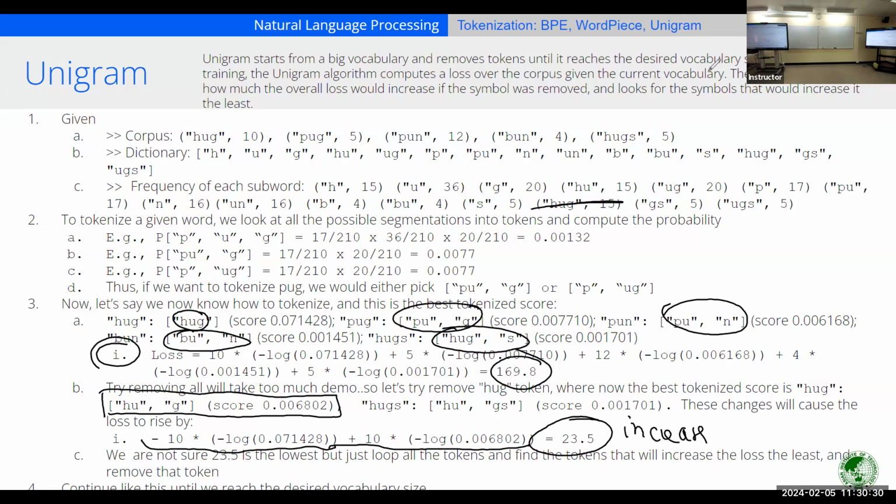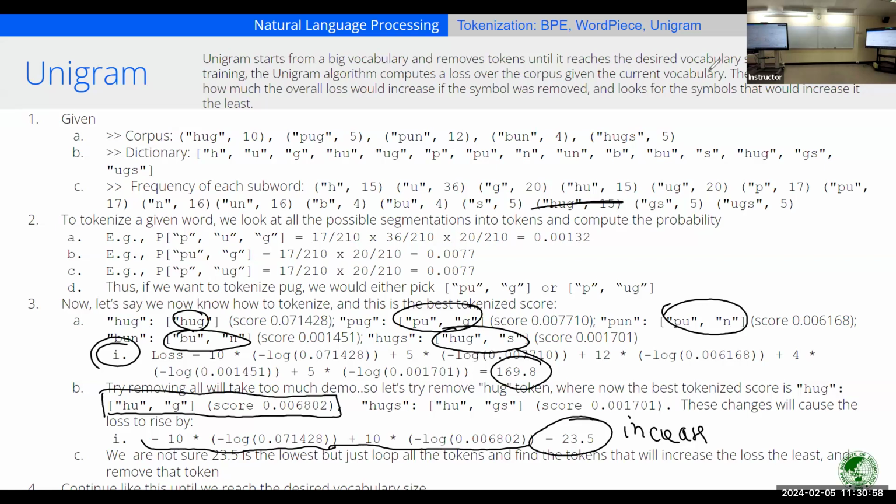Then you may wonder, hey Chucky, how do I know that this guy is the one that will increase the loss the least? You have to try every guy and check which one actually increases the loss the least, which I will not do here, because it would take a lot of time. All right, I know I talked about that one very quickly.